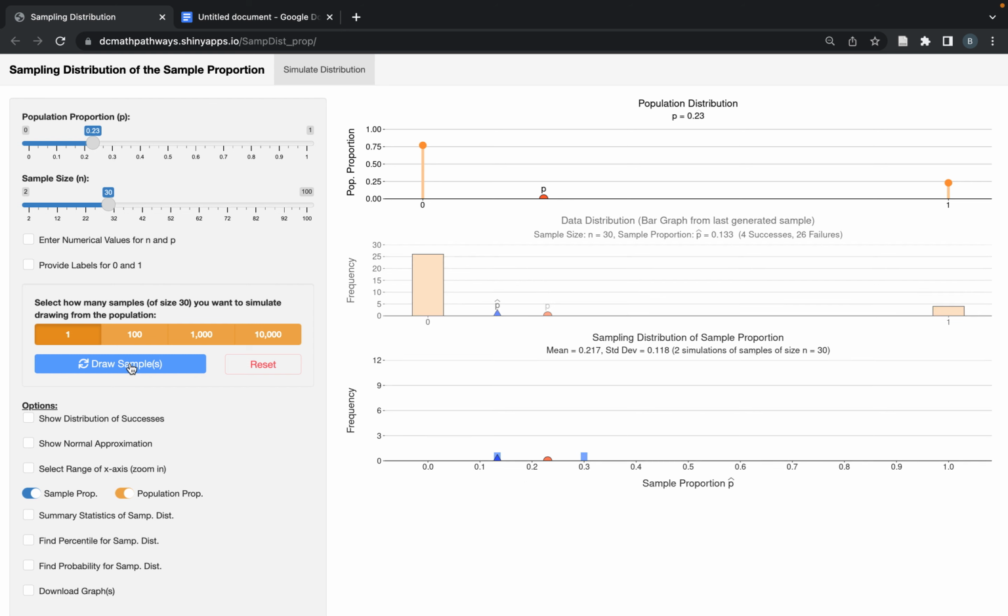So I'm going to keep drawing these. And see, this time we got 0.23, now we got 0.13, now we have 0.17. So I'm going to keep going until we get a good amount of these. And as we keep going, you can see that our mean is changing. And the more and more we do, the closer that mean is getting to the actual population proportion.